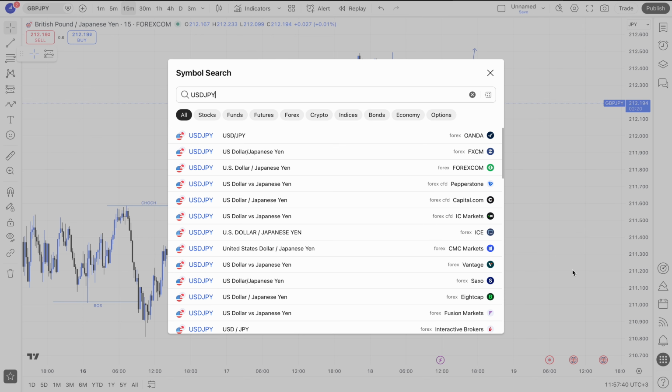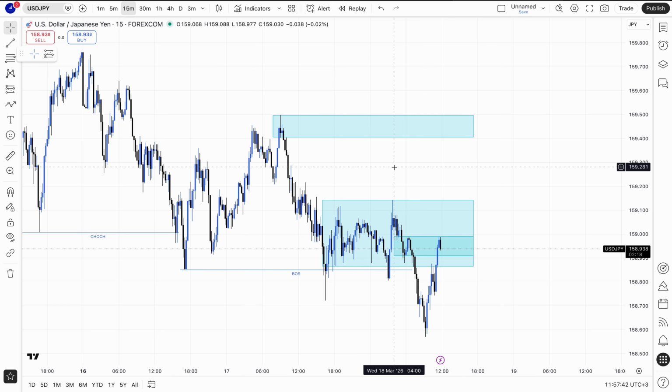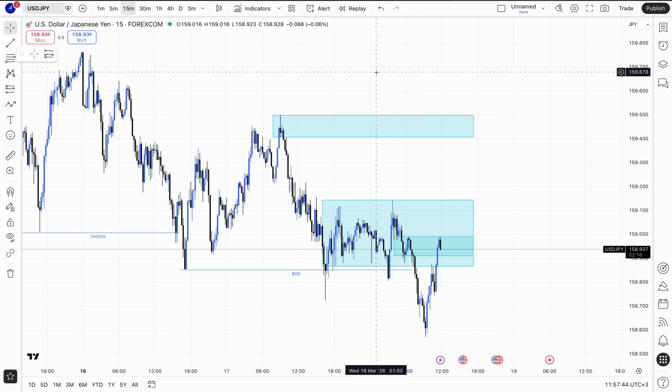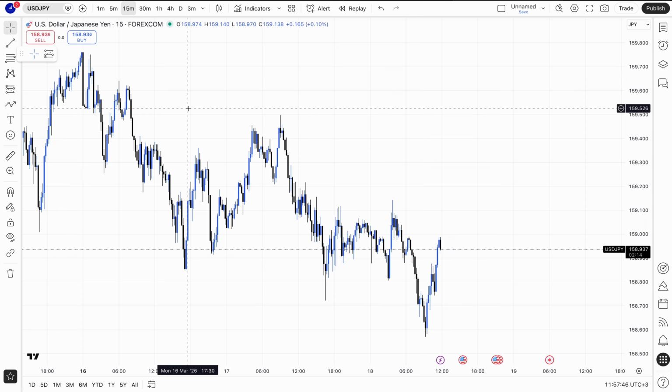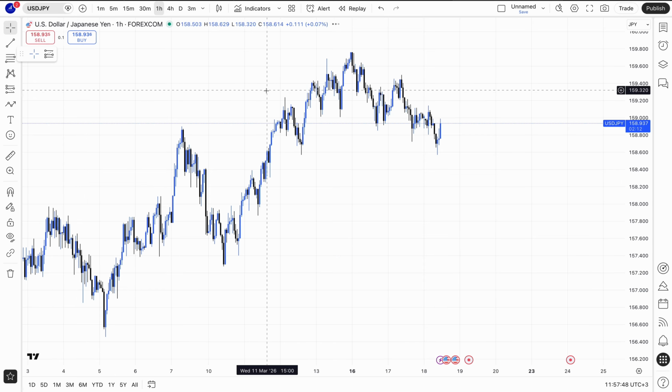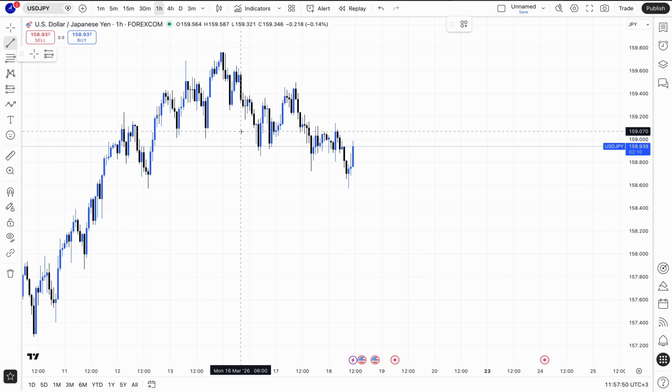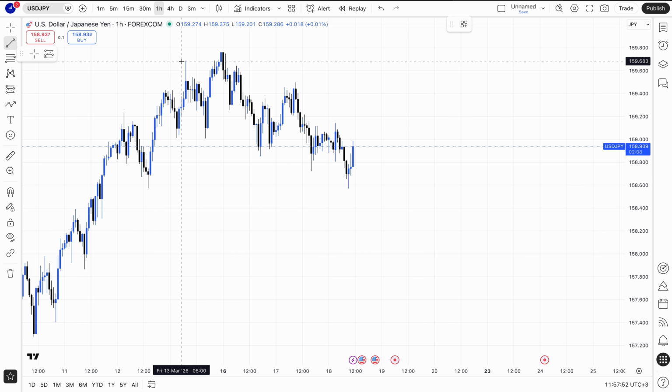Then GBP, JPY, same scenario, same everything. You're going to see that we had our last break of structure to the upside.